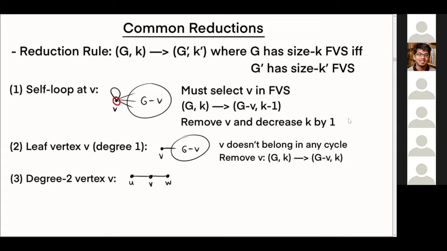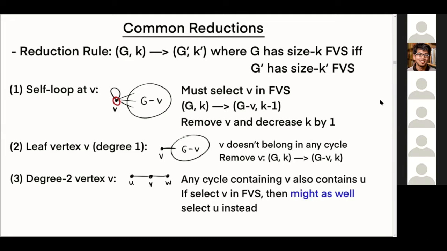But lastly, the third classical reduction rule for FVS is, suppose v has degree 2, with neighbors u and w. Again, it's more useful to think of FVS as hitting all the cycles. Any cycle including v must also include u and w as well, because v has degree 2. So it must enter from either u or w and exit from either u or w.